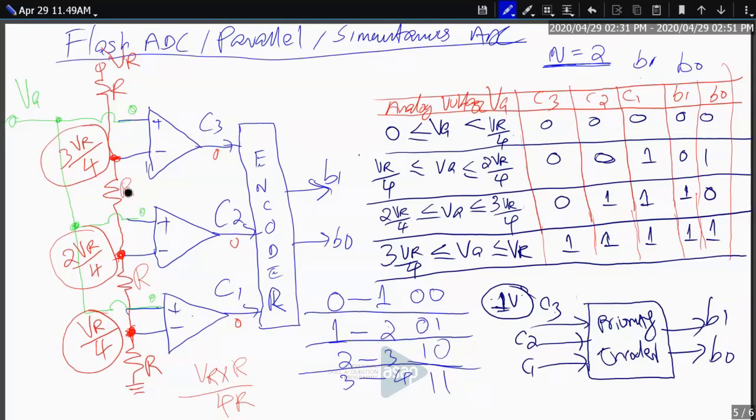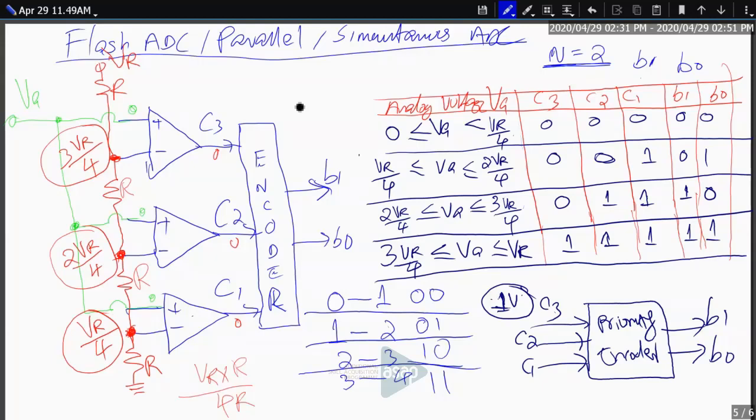Can you please explain the concept of VR divided by 4R while applying voltage to the inverting terminal of the comparator? Okay, there is an inquiry on that voltage divider network. We have a reference voltage VR, and in an n-bit analog to digital converter, there will be 2 raised to n resistors.